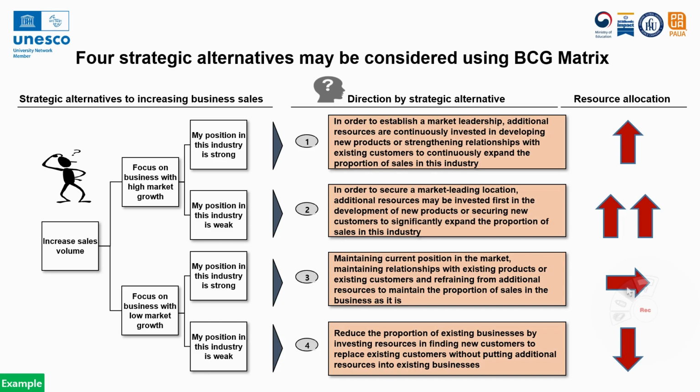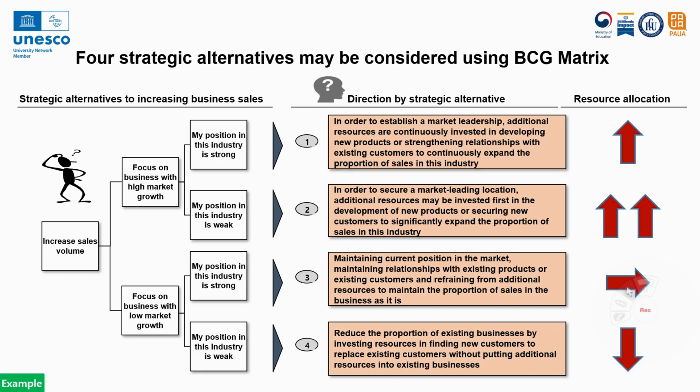For example, if the problem we want to tackle is increasing sales volumes, we can list different alternatives using the BCG matrix.